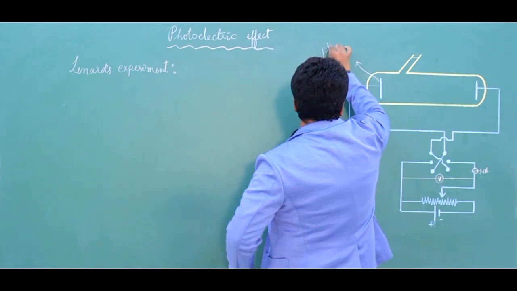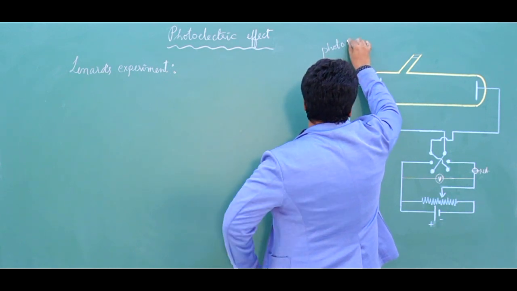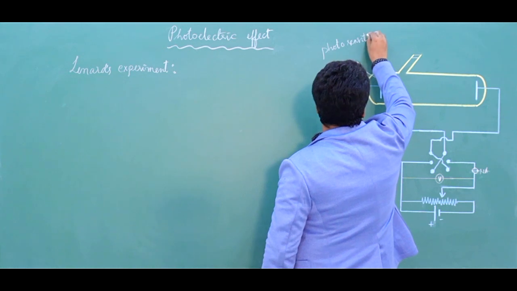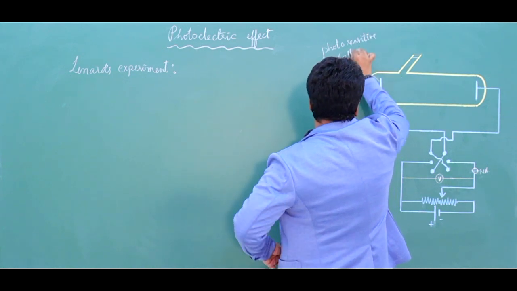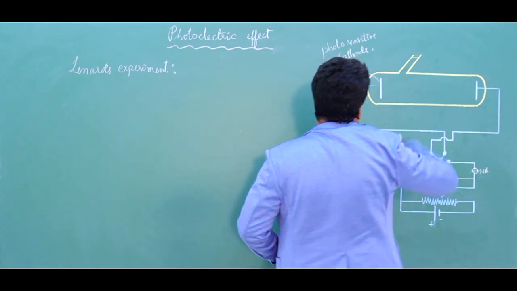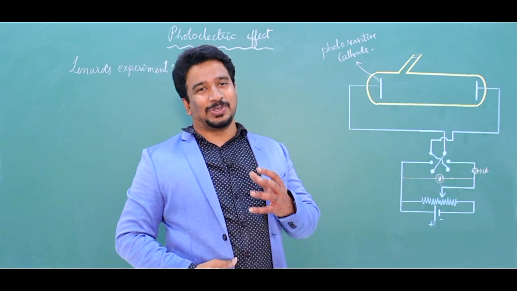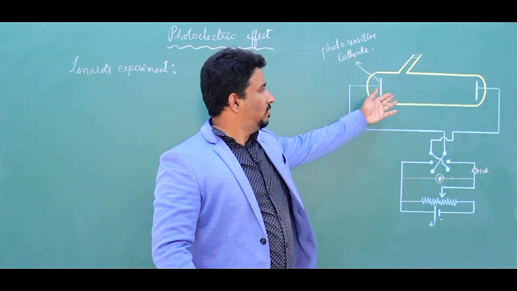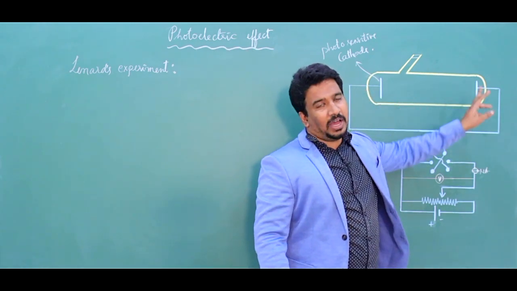This is the photosensitive cathode. What are cathode and anode? These are electrodes. We can make them negative or positive.